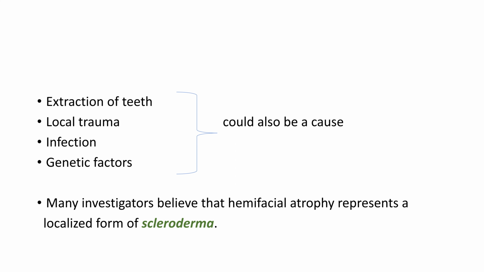Some other investigators suggested that factors like extraction of teeth, local trauma to the tissue, infection, mainly viral infection and Borrelia infection, and genetic factors could be a cause or etiology of facial hemiatrophy.